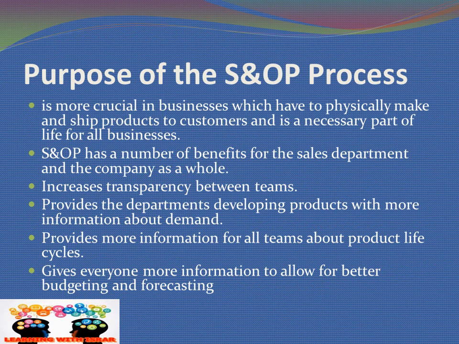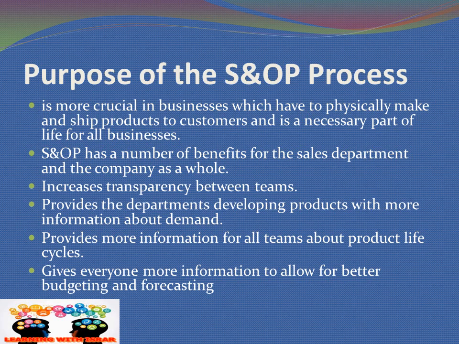As I have already mentioned, the purpose, the importance, of the process of sales and operations planning is more crucial in businesses which have to physically make and ship products to customers, and it's a necessary part of the life of all businesses. So it has more relevance to the manufacturing industry where we make things tangibly and we sell the things.